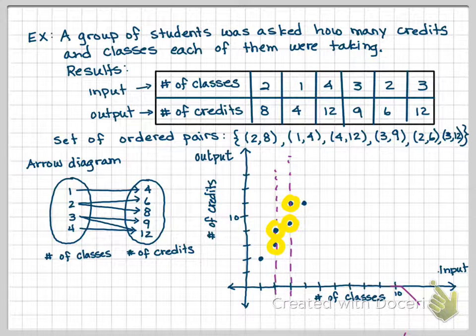We'll talk a bit more about it tomorrow, but in general, if you have any vertical line that goes through more than one point on your graph, that makes it not a function because it means you have 2 points with the same x value and different y values. So that's like having this x value go to these 2 different y values, and that results in 2 points that are right on top of each other vertically. So this one is not a function.